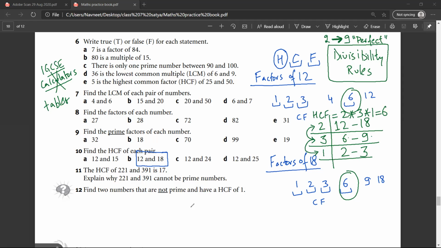Satya, have you understood? How, sir? 3 into 2 is 6. 6 into 1 is 6. So using this method, your answer is 6. And using this method also, your answer is 6. Satya, have you understood? Yes, sir.